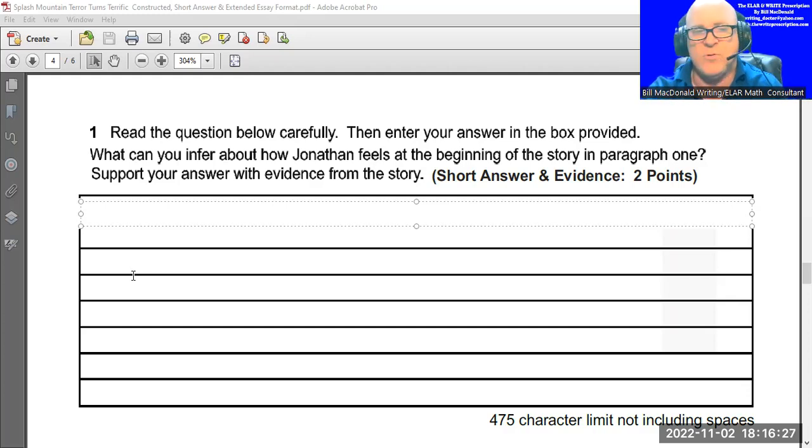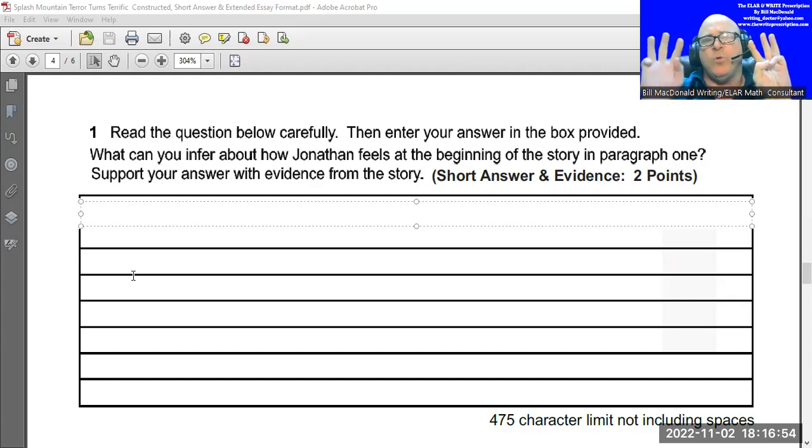So I'm just going to answer the question. I want to make sure for those of you who have kids who really struggle, you can say in paragraph 1, Jonathan feels very terrified at the beginning of the story, period. Okay. And that's kind of using the acronym WOW, which is on my folder.